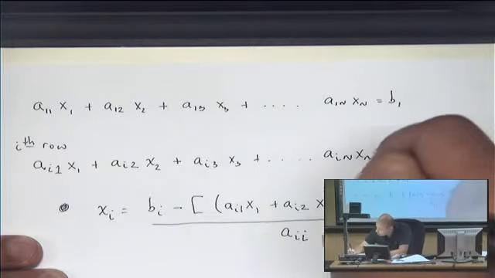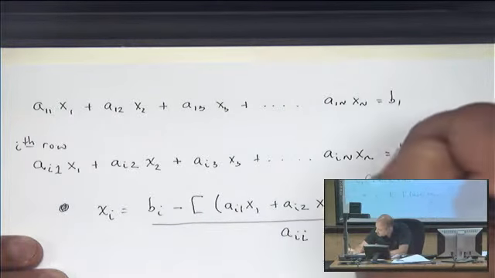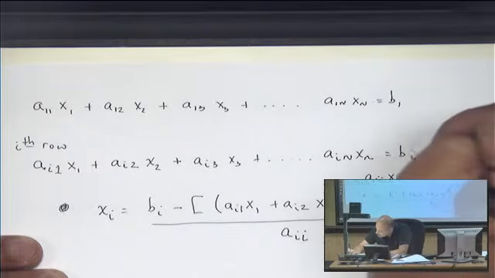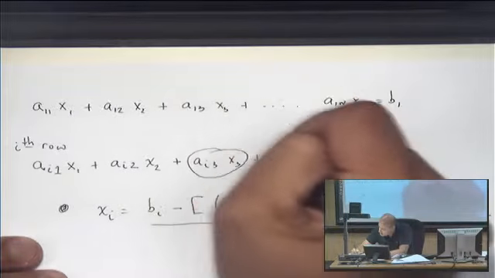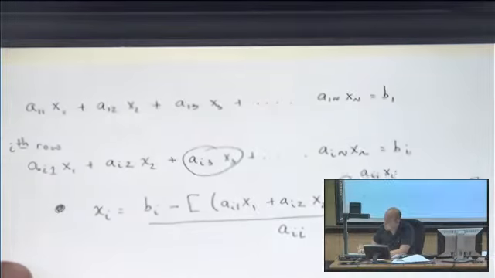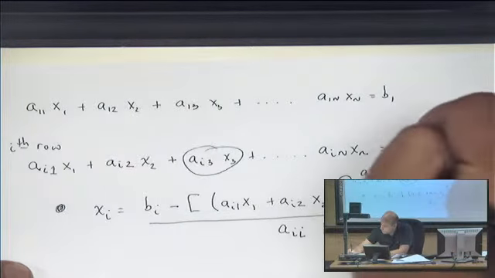But one point in here is that this would have skipped the a i i x i term because that's what you're solving for. So if i was 3 in this case, then you would do that. So I should say we skip that term.